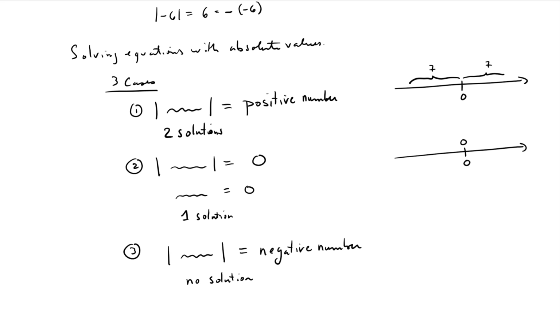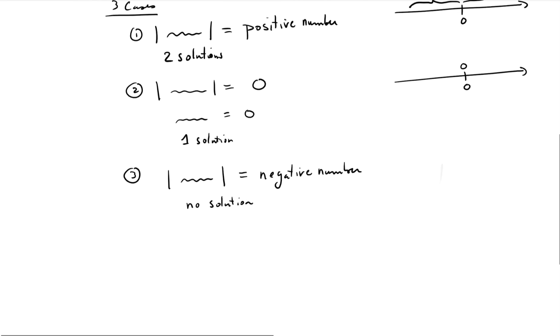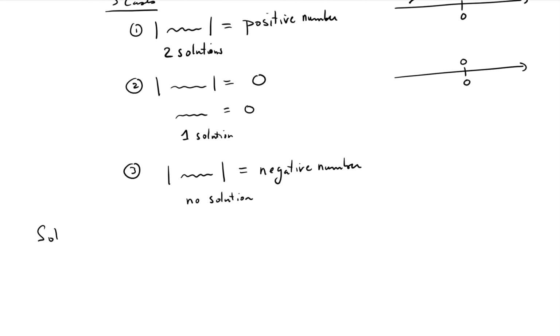So let's take a look using the following examples. Let's say we're going to solve |x| = 7. So we're trying to find numbers that are a distance of 7 to the origin. That's easy, right? That's 7 and minus 7. So there are 2 solutions.